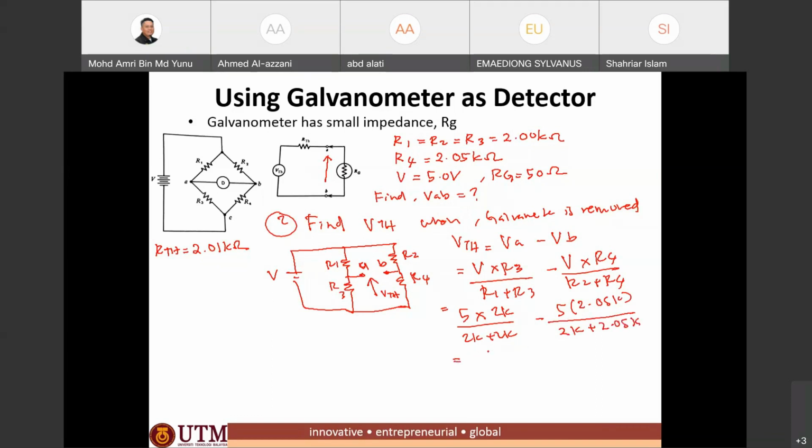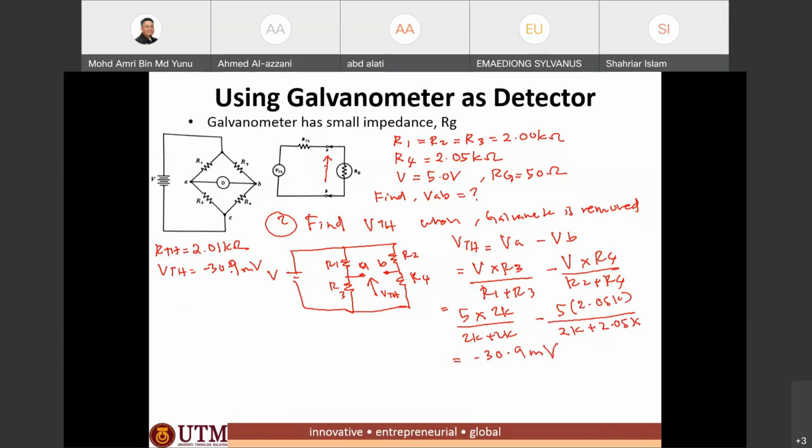So you should get negative 30.9 millivolt. Right, so now we have our VTH equivalent to negative 30.9 millivolt. Okay.